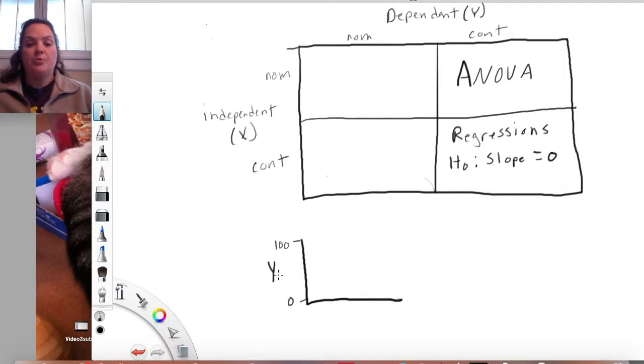And we always say with a regression, we are regressing y on x, because x is causing an effect in y, but x is also a continuous variable. All right. Okay, so just to reiterate our null hypothesis, which is what we're testing, the null hypothesis would be no slope.